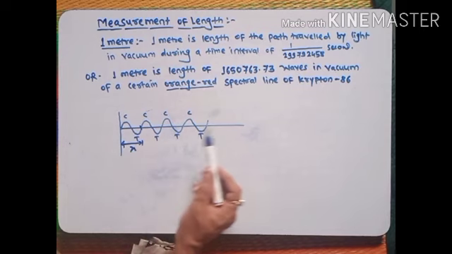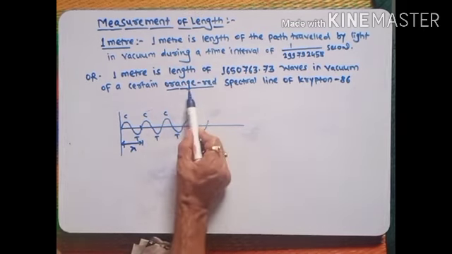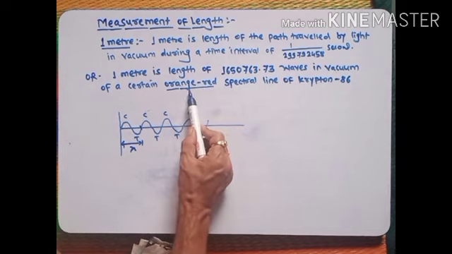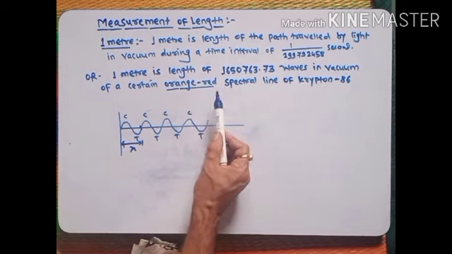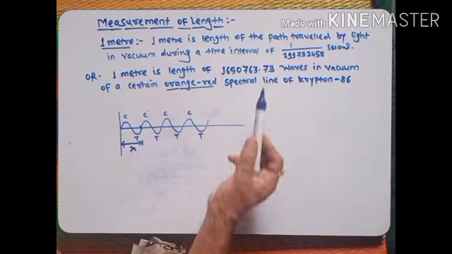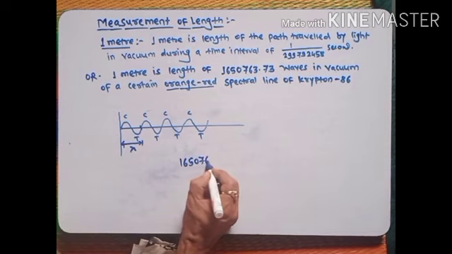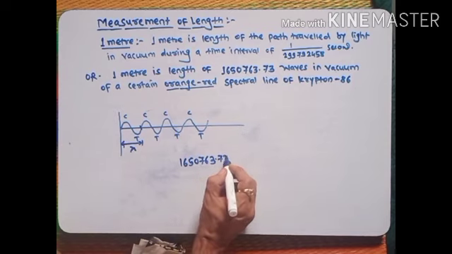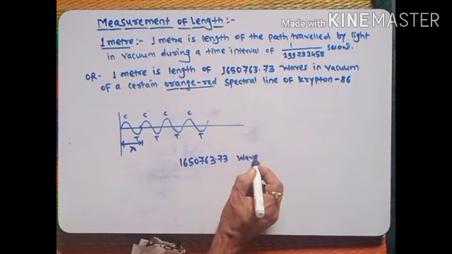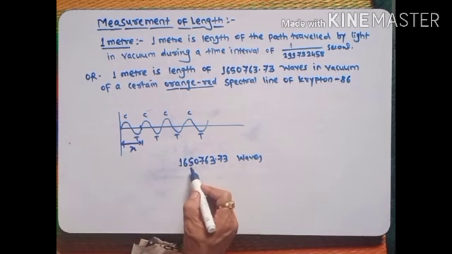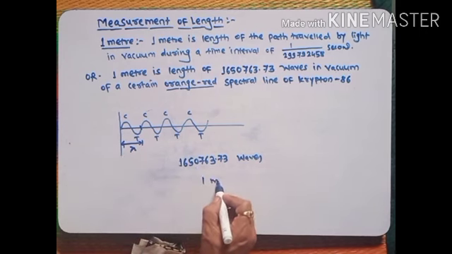Then consider krypton 86 and its orange-red spectral line, and suppose this is the wave of that spectral line. The distance of 1650763.73 waves is what we call 1 meter.